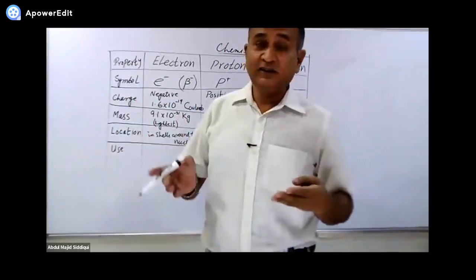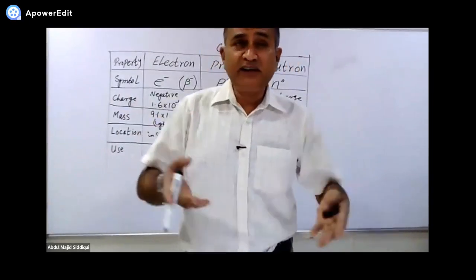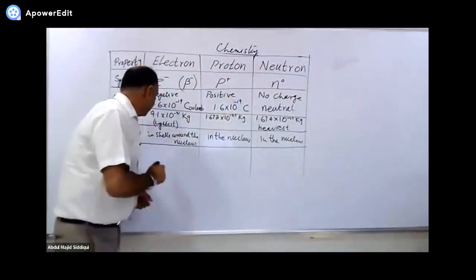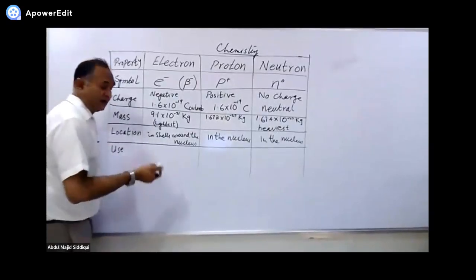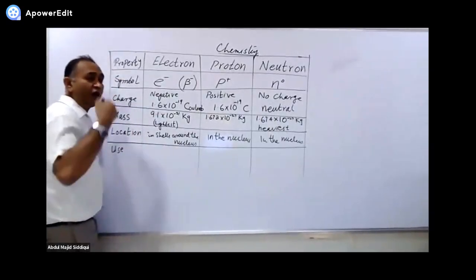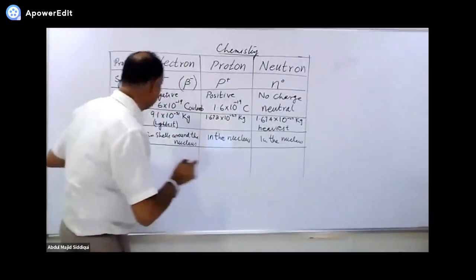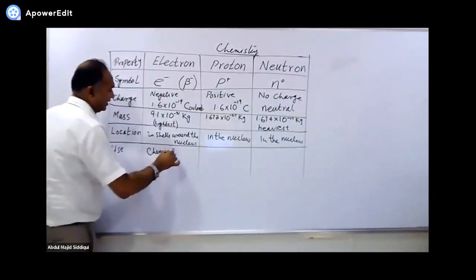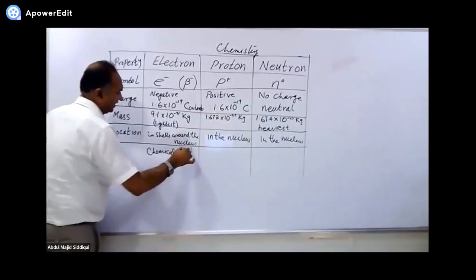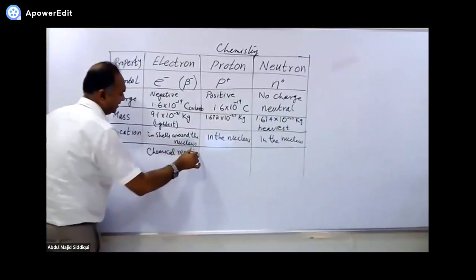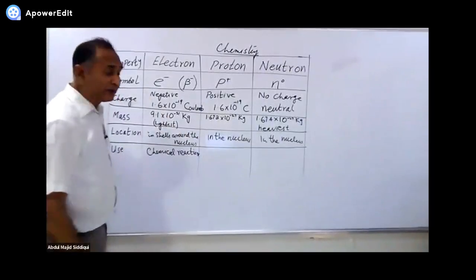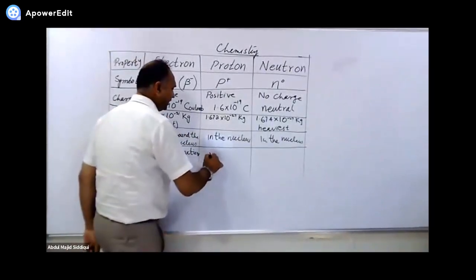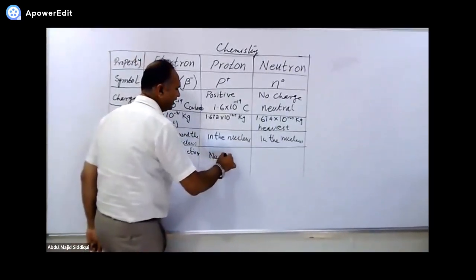So electrons play a very vital role because they are behind all of the chemical reactions. And what is the role of proton? It plays a role in nuclear reactions.